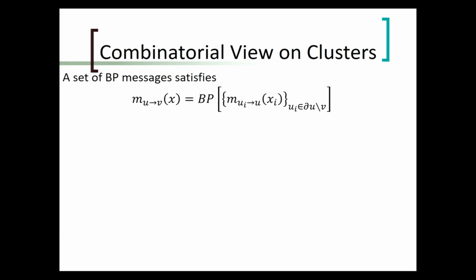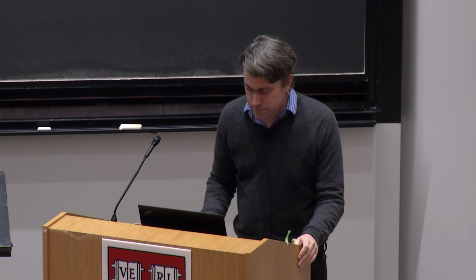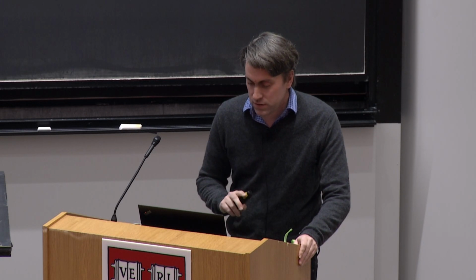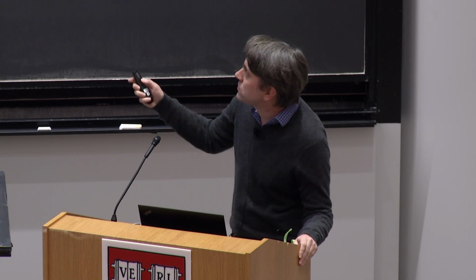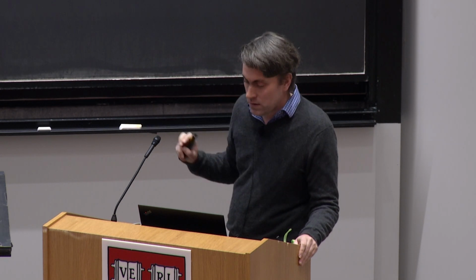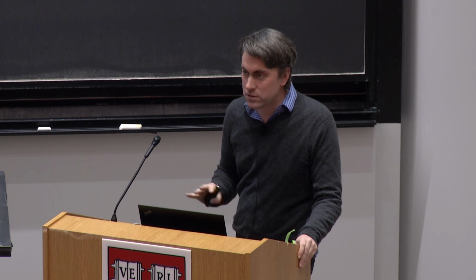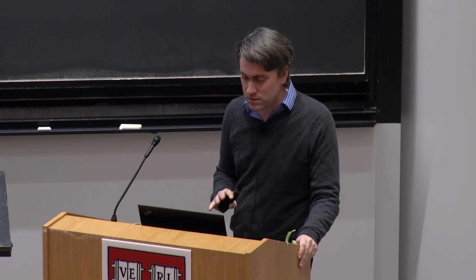But we could still write down the same set of belief propagation equations and look for sets of messages that satisfy them. On a tree, there'll be just a single unique solution to this system of equations. On a graph, there may be many solutions to this set of equations.